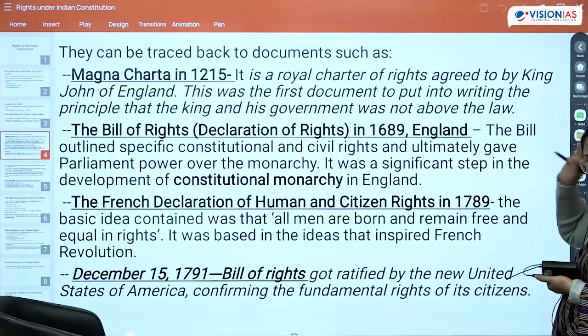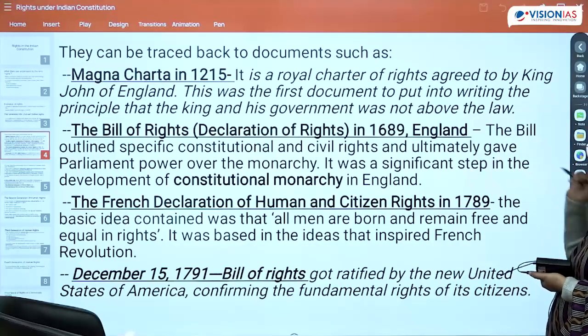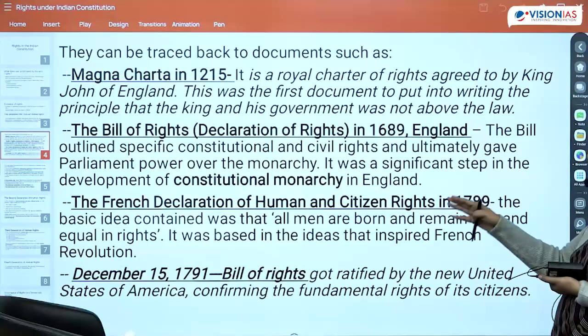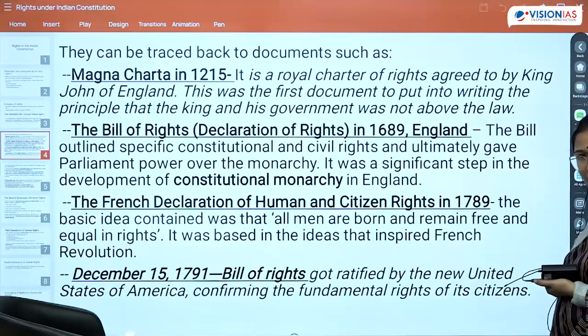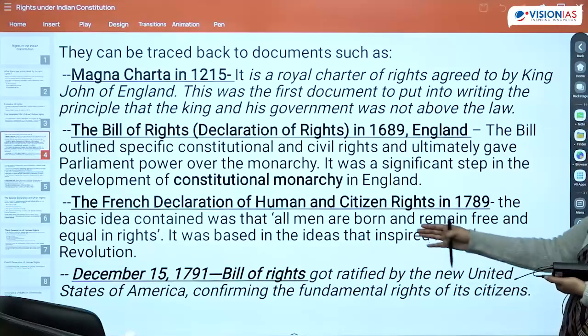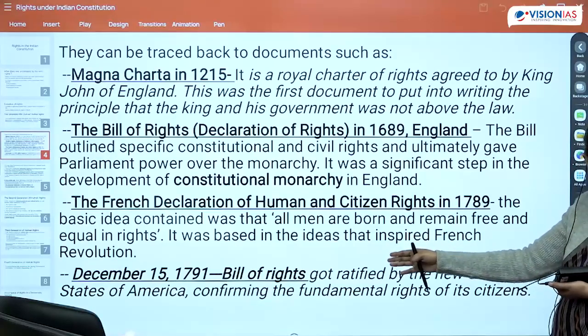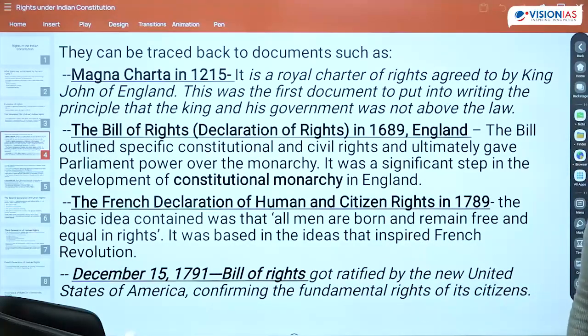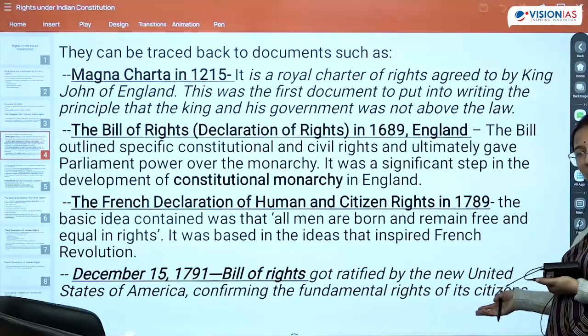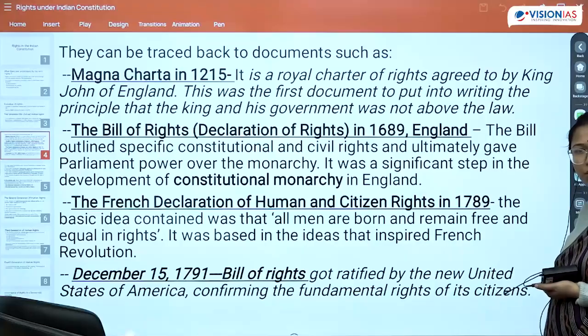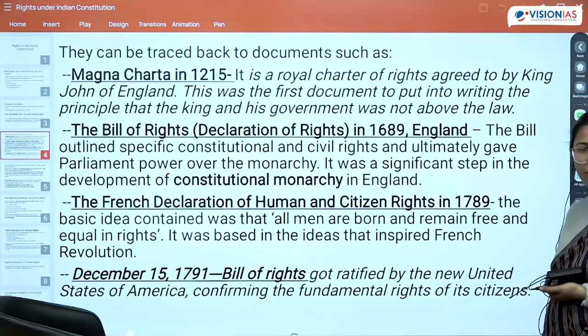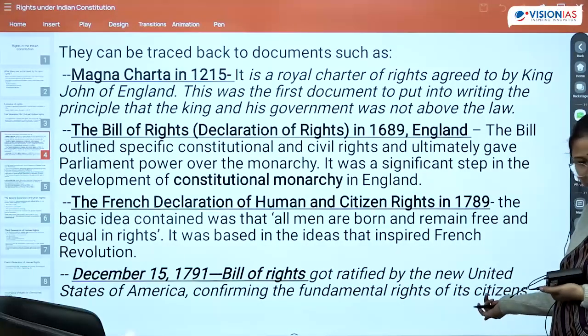Then they also brought a Bill of Rights in England. Then the French Declaration of the Rights of Man and Citizen came. Then the US brought a Bill of Rights. The US Constitution initially did not have this Bill of Rights or fundamental rights. They were later introduced through a constitutional amendment known as the Bill of Rights.